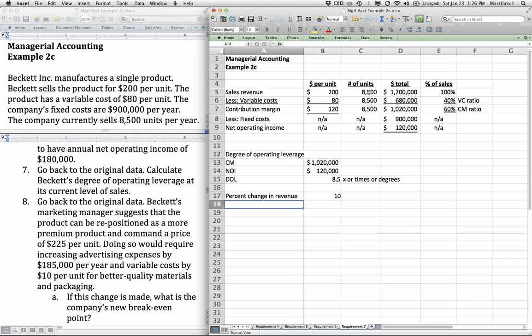So revenue goes up by 10%. And what we don't mean here is that our selling price per unit goes up, but the number of units sold goes up by 10%. What we should be able to do is take our percent change in revenue, multiply it by our degree of operating leverage, and predict our percent change in net operating income.